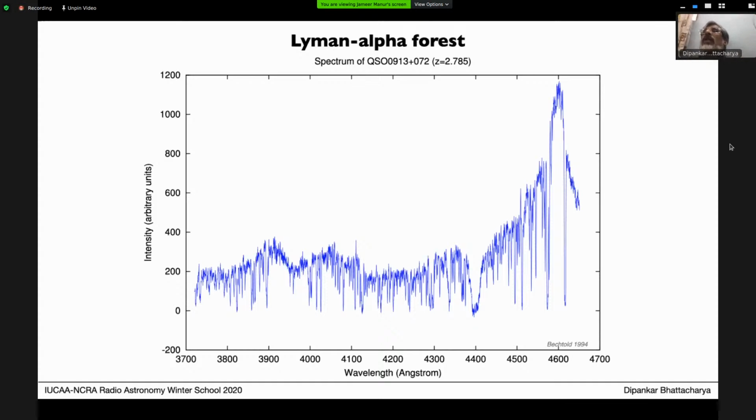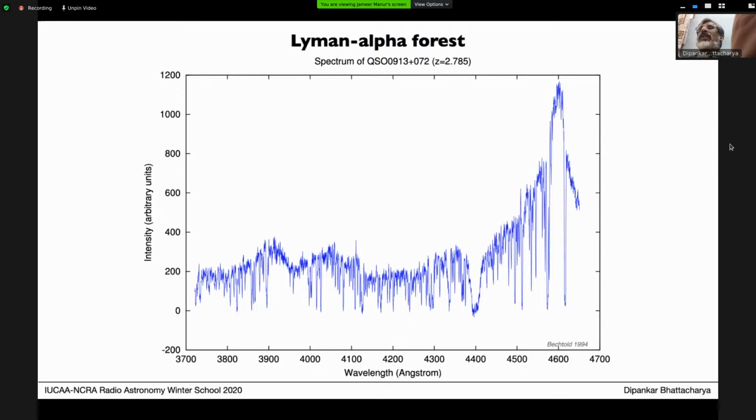So the rest frequency of Lyman alpha at each of these clouds appears at different observed frequencies for us. So all along the quasar spectrum, you would see these various absorption lines, which are all Lyman alpha absorption, but by clouds sitting at different redshifts.